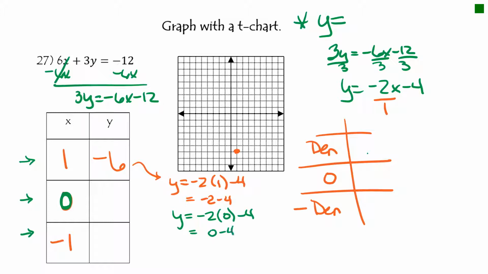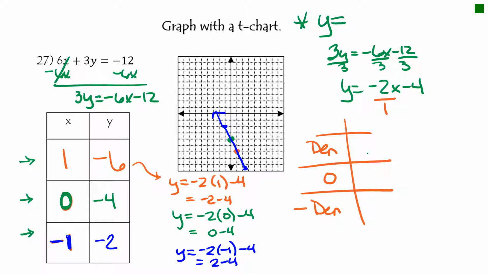That's 0 minus 4, which is negative 4. Don't go left or right, go down 4. Negative 1, doing it in blue. y is going to equal negative 2 times negative 1 minus 4. That's a positive 2 minus 4, which is negative 2. That's left 1, down 2, and you should have a nice straight line.